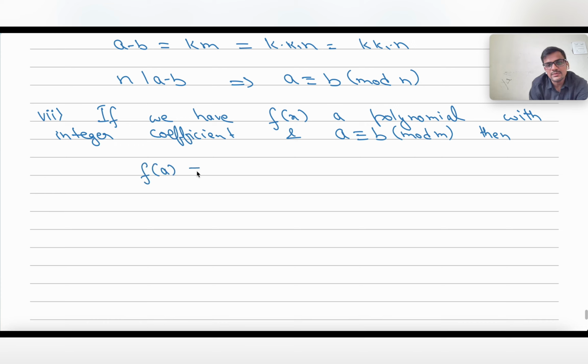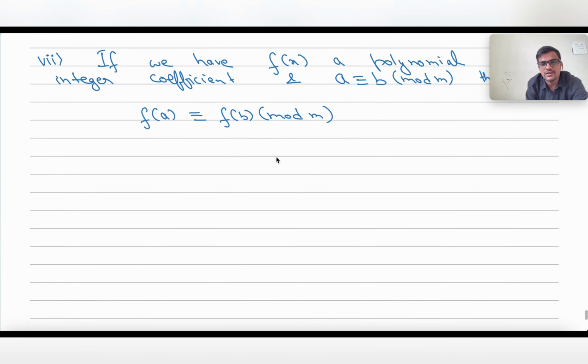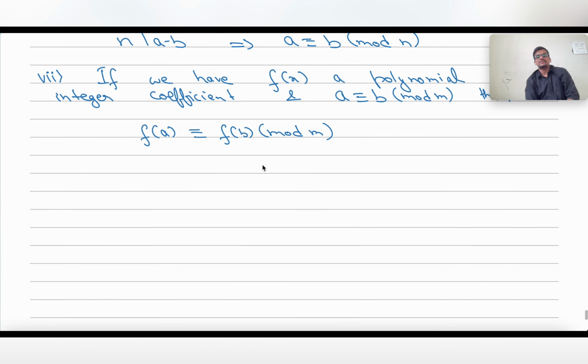F of A will be congruent to f of B modulo M, right? Means if you have a polynomial, and A is congruent to B modulo M, then f of A will be congruent to f of B modulo M.